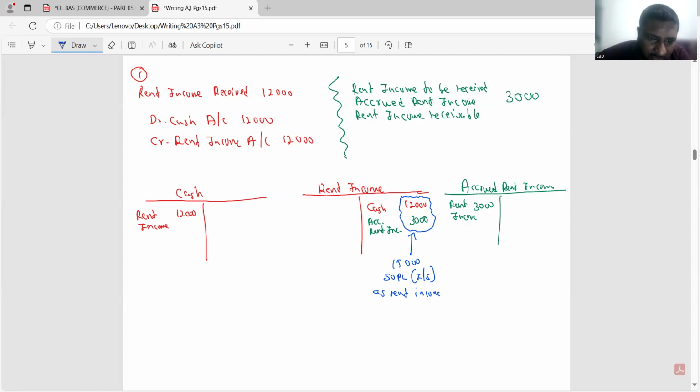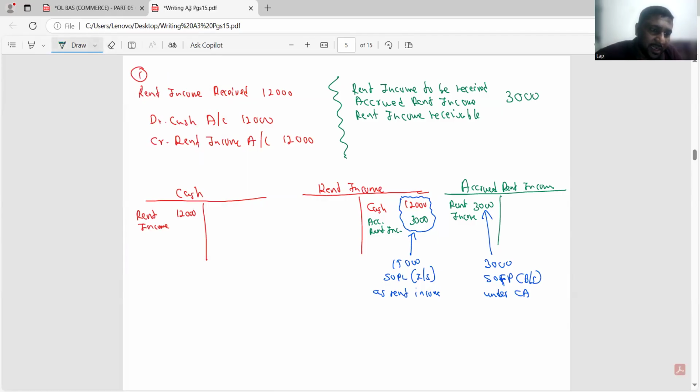This 3,000 will go to the statement of financial position, if not the balance sheet, under current assets. Accrued income is an asset for us. It is the money that we should receive.